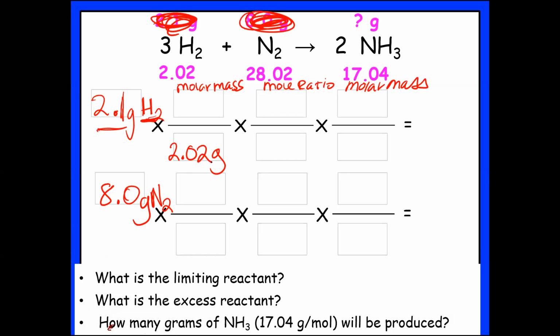And at the top will be 1 mole. And then on the other side is 3 moles. Right? Yes. And then the bottom is, bravo, Jocelyn, 28.02. And then the bottom is 3 moles of H2. And we're solving for this. So we will put 2 moles of that.